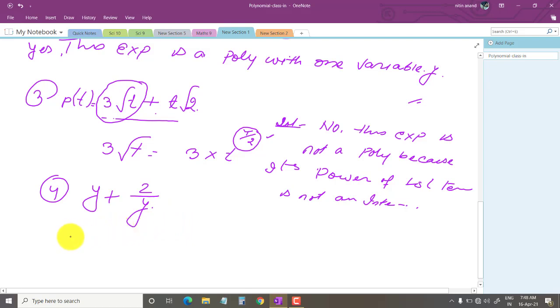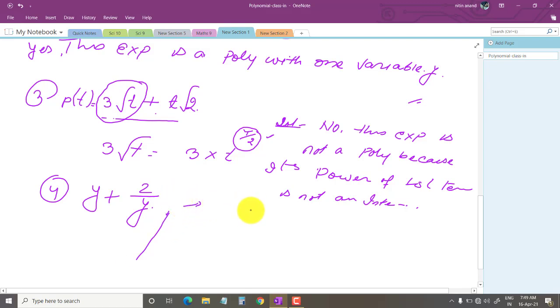Firstly, we will write that this has only one variable y. This is clear. But we have to decide whether this expression is a polynomial or not.